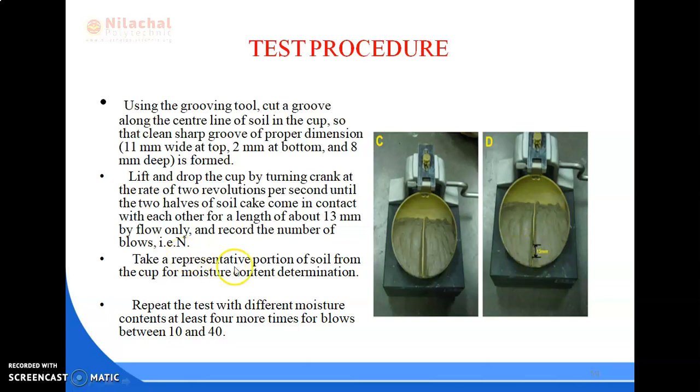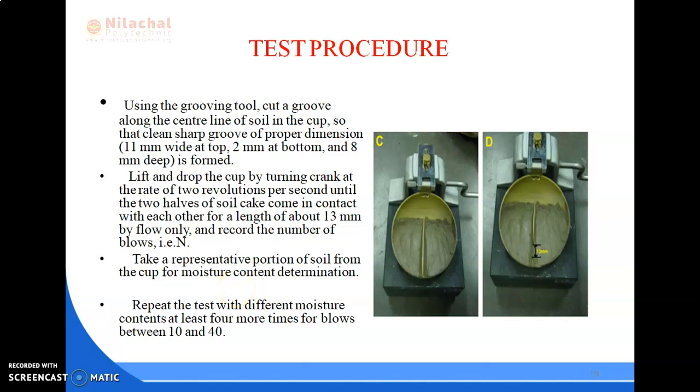Then take a representative portion of soil from the cup for moisture content determination. After recording the number of blows, approximately 10 gram of soil from near the closed groove is taken for water content determination.